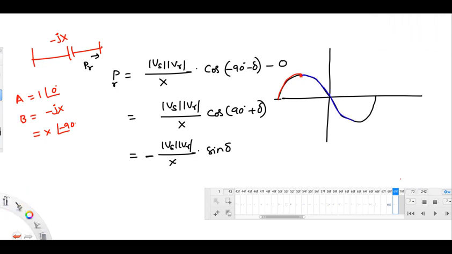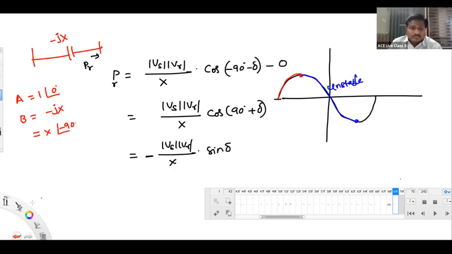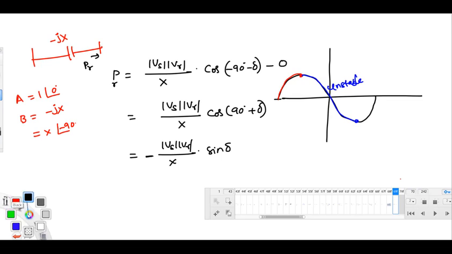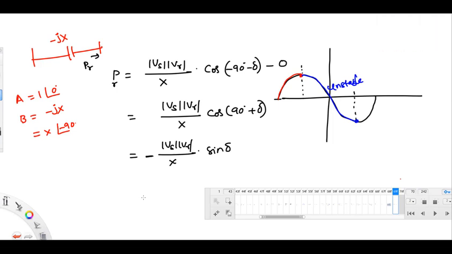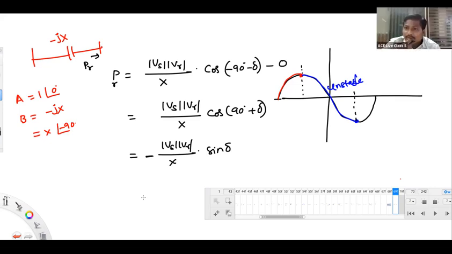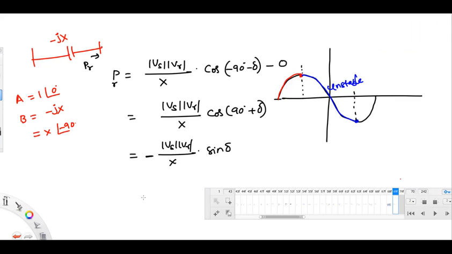But sir, in the class you have said that to maintain the load demand, we are dealing with dP by d delta. If dP by d delta is positive, then we will say at that point the system is stable. So here, these are the points at which we get the positive slope, right?